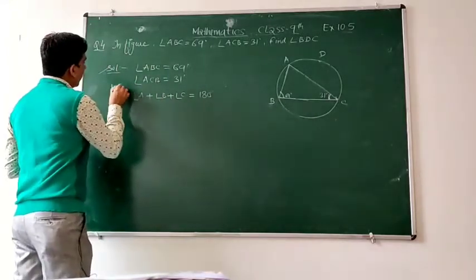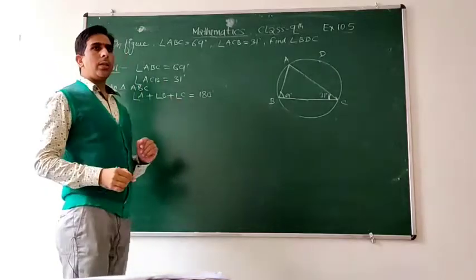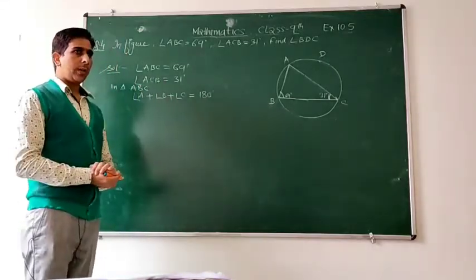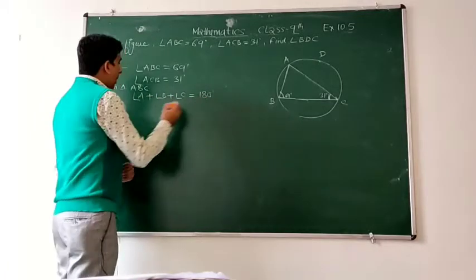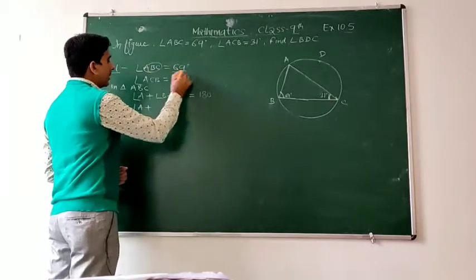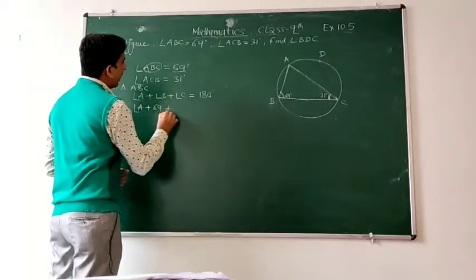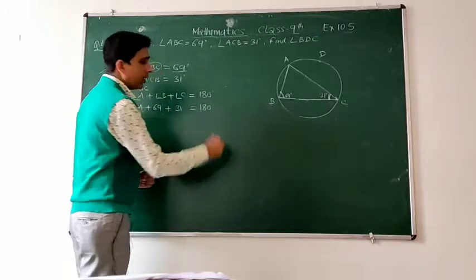So right here, in triangle ABC, by angle sum property of a triangle, angle A plus angle B plus C is equal to 180 degrees, and we have angle B. Angle B is 69 degrees, right? Angle C is 31 degrees and this is 180 degrees, right?